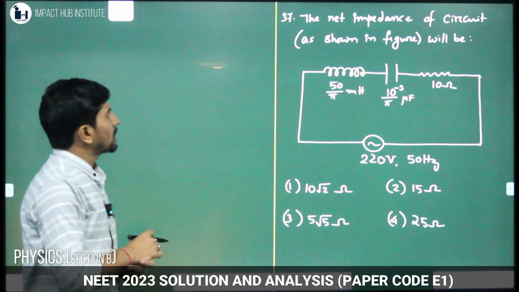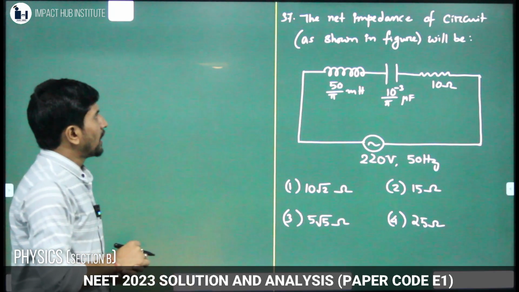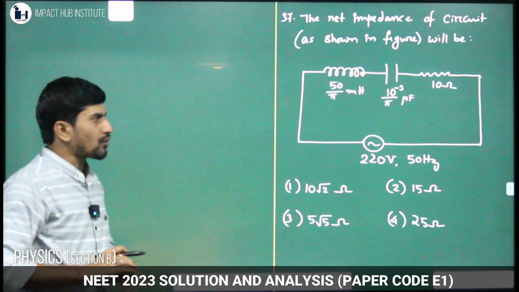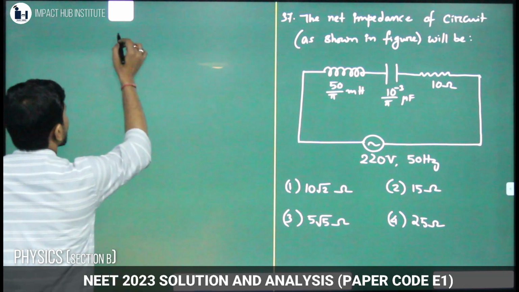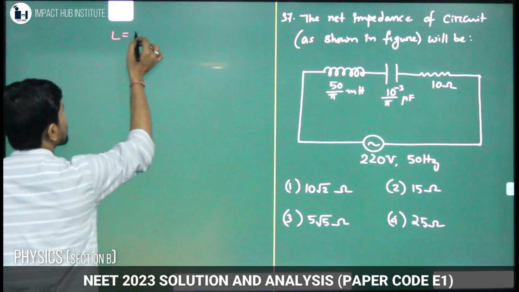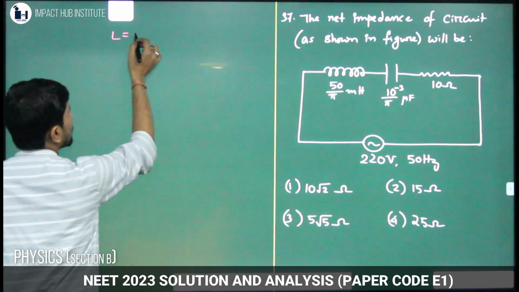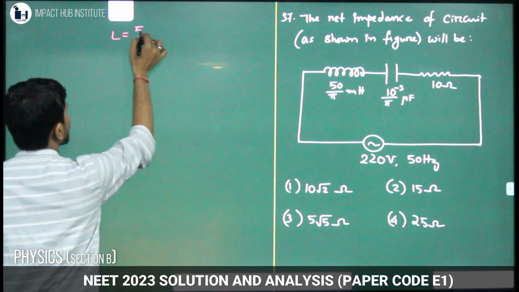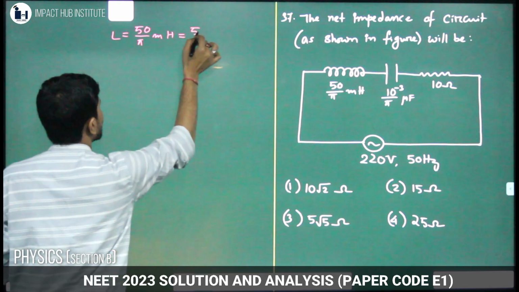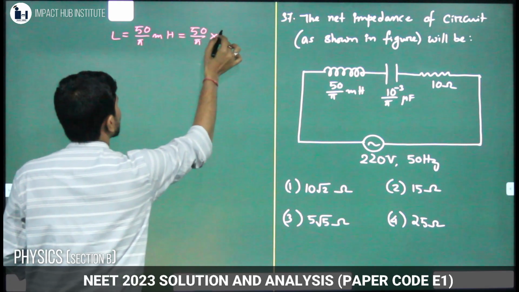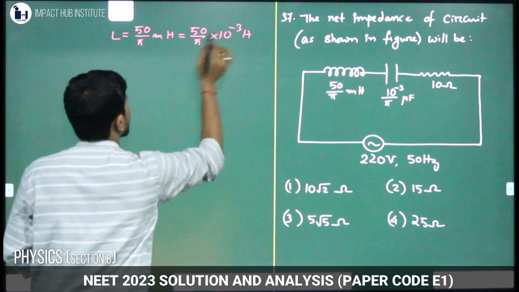Here it is given that there is a circuit and we are supposed to calculate the net impedance of the circuit. So I will first write down the data. To calculate the impedance, we need the value of the inductance, which is given as 50 by pi millihenry. If I convert this into the proper unit, this will be 10 power minus 3 henry.